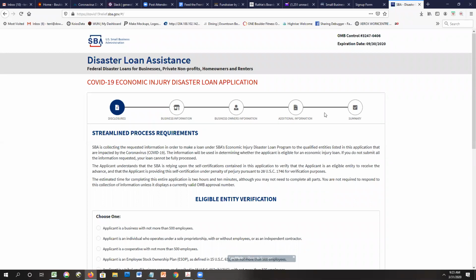Yeah, just quickly, I was looking at the chat function in here, and I did misstate something. I was merging two things, and it's in the chat. I wrote it out on the group chat, but basically the max loan is 250% of your average monthly payroll between February 2019 and June 30th, 2019. So that's your max loan. What I was getting tripped up over was the forgiveness amount.